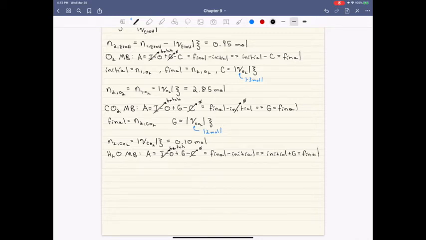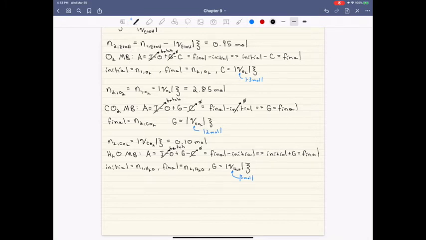We can now fill in what each of these terms is. The initial is equal to the amount of water that's fed into the system in stream 1. The final is the moles of water in stream 2. And the generation term is equal to, in terms of the extended reaction, the molar coefficient of the H2O in our reaction times the extended reaction. From our reaction, we know that this value is equal to 3 moles, and we care only about the magnitude.